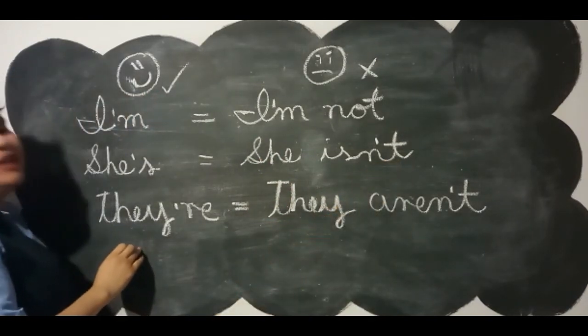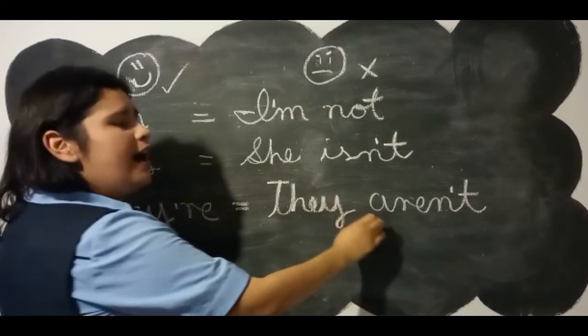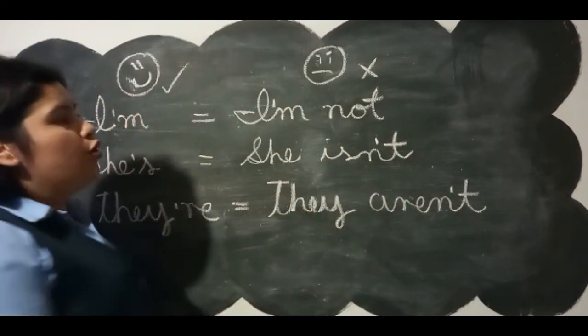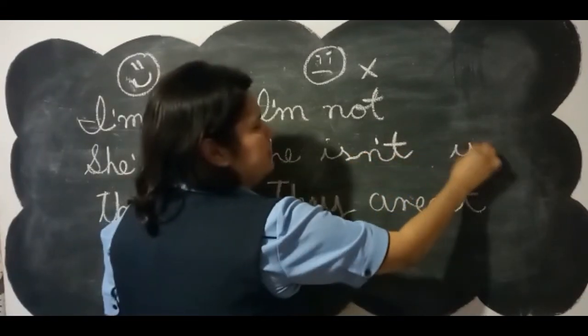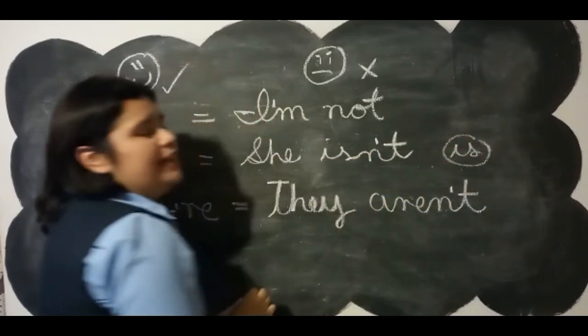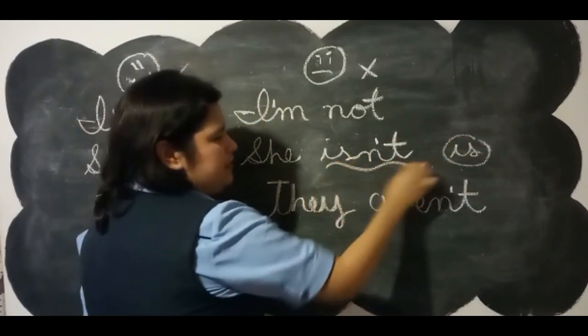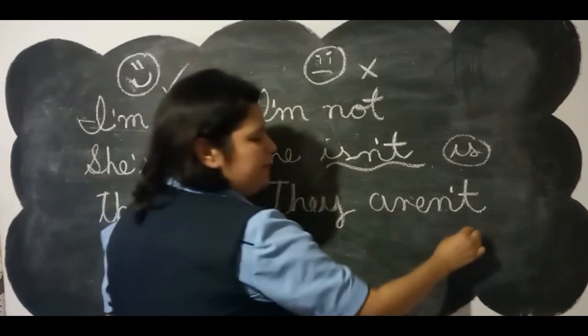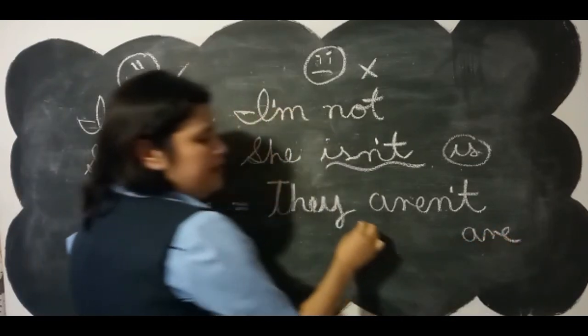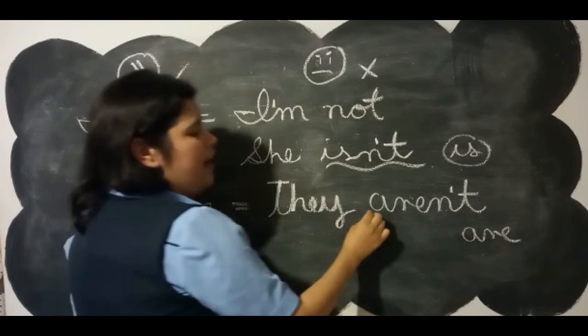They're in negative is they aren't. So when you have is, the negative is isn't. And when you have are, the negative is aren't.